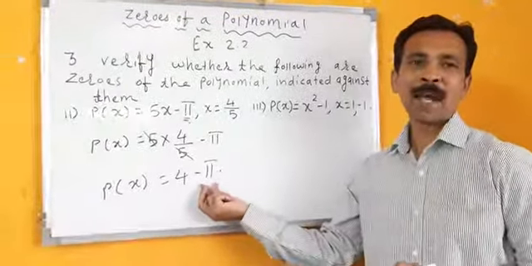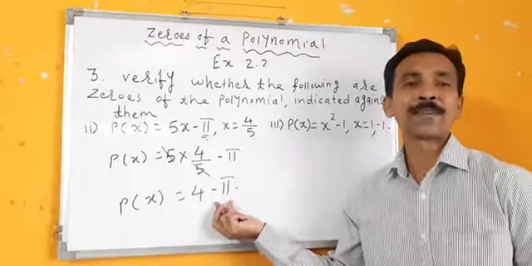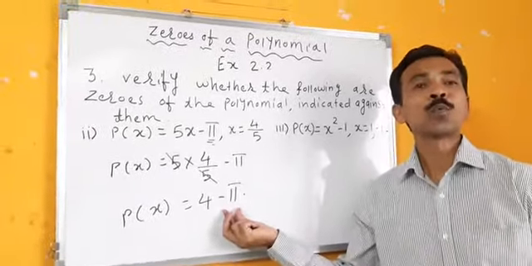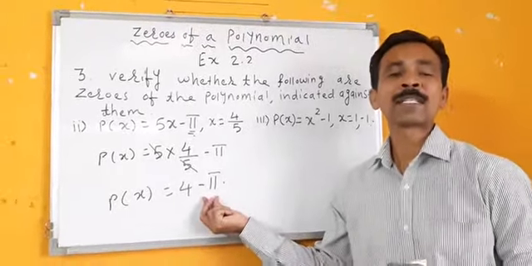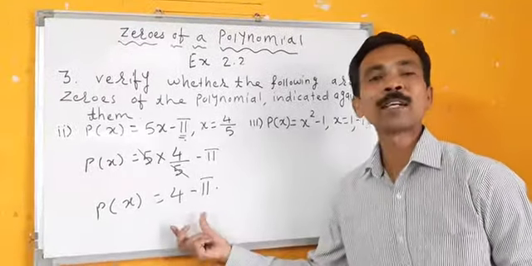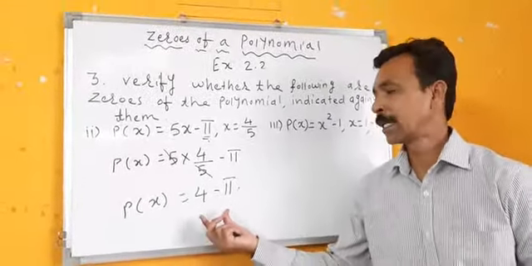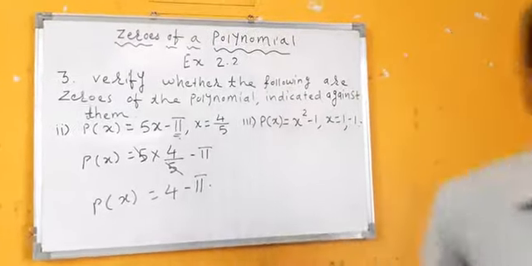We can keep pi as it is. Otherwise the value of pi is 22 upon 7 or 3.14. If the value of pi is not given, always take the value of pi as 22 upon 7. But even if you keep this answer this way, it is still 100% correct. Now we'll go on to the third sum.